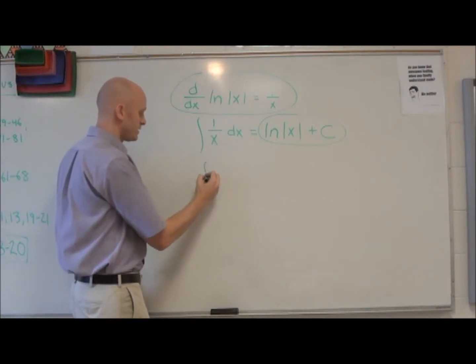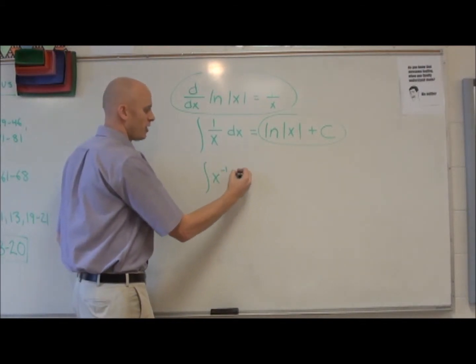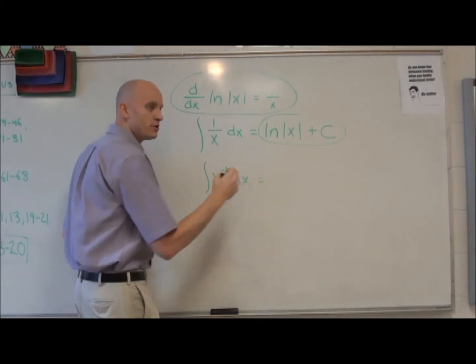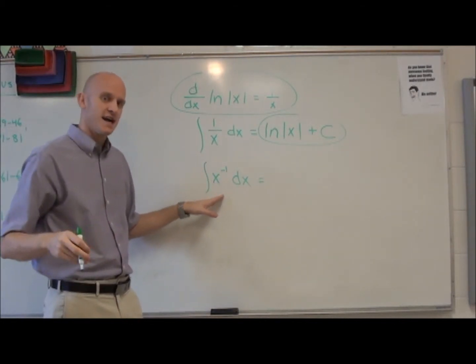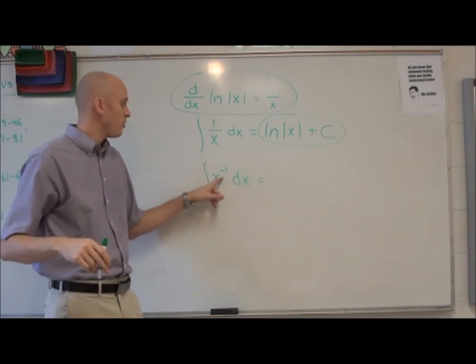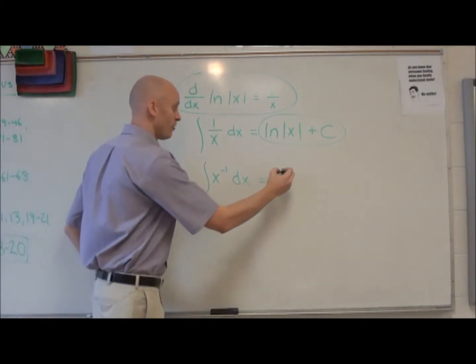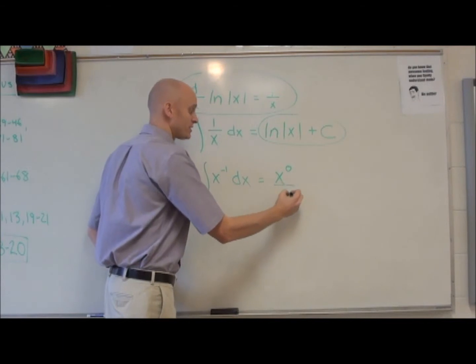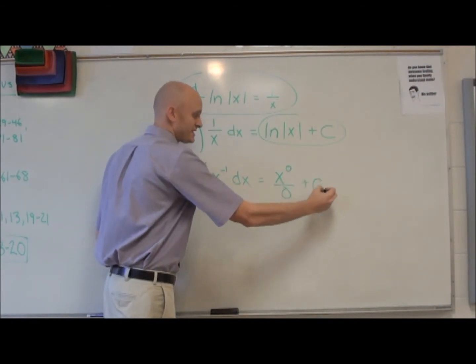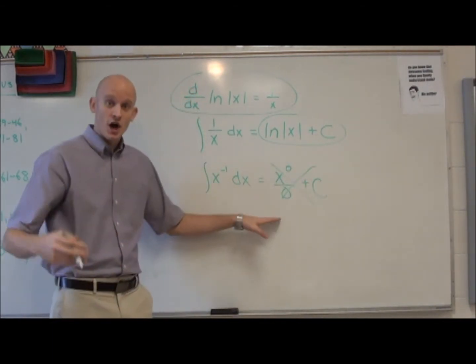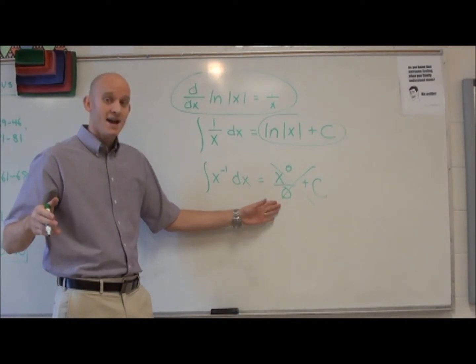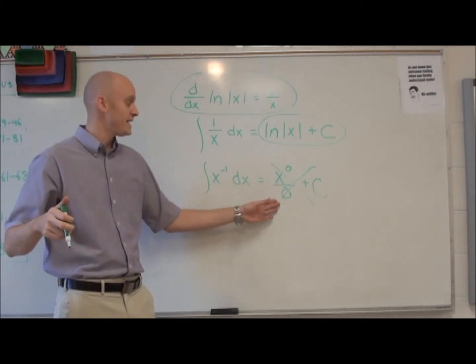We know this is x to the negative 1. And when you use your normal rules for anti-differentiation here, you add 1 and then divide by that number. So it would be x to the 0 over 0 plus c. And we have run into this problem, that is a horrible, horrible idea.